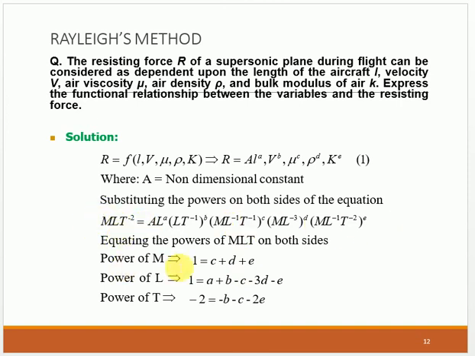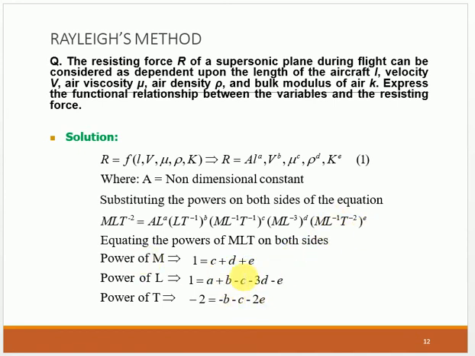First we're going to equate the powers of M. On the left hand side we have M power 1, so 1 will be equal to, on the right hand side, a doesn't have any power of M, b also not, then we have M in c, so c, plus the powers are added, M power d, so plus d, and M power e, so plus e.